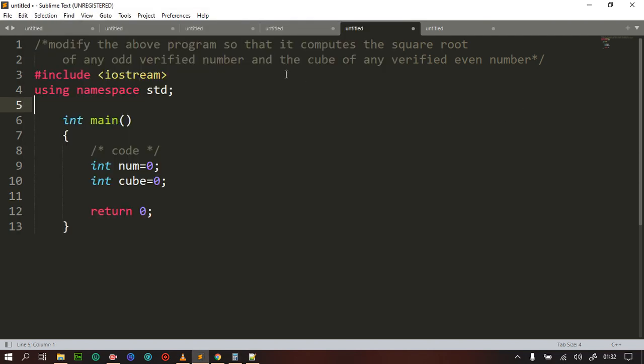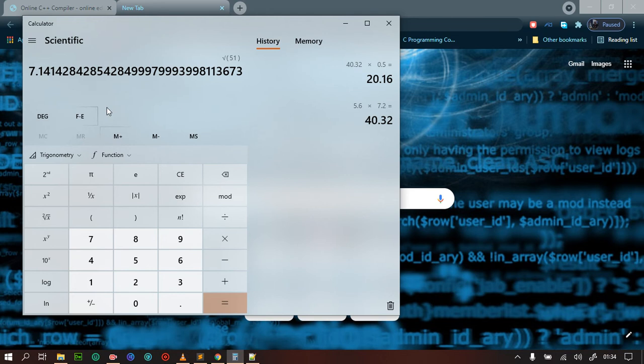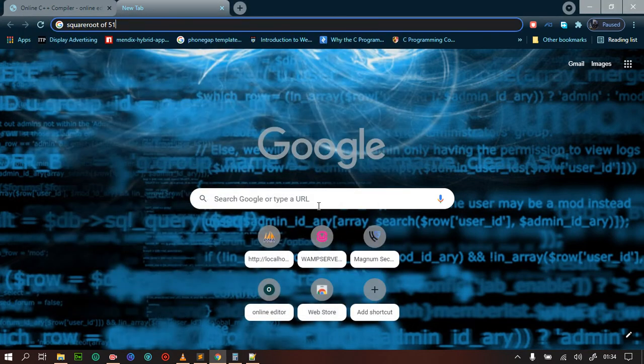because the question says modify it so that it computes the square root of any odd number. So square root of any odd number, our odd number is 51. So 51, we are looking for a fractional result, which means we need to opt for maybe a double or a float.